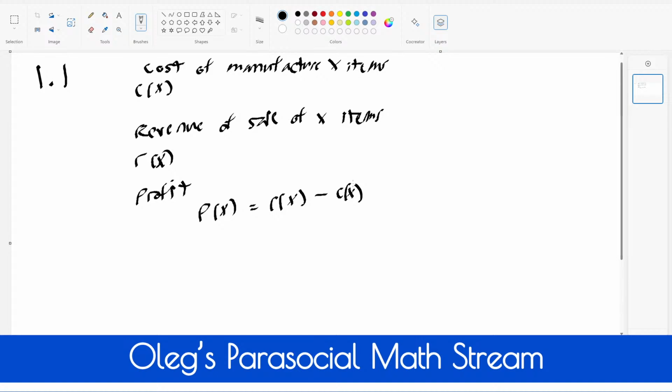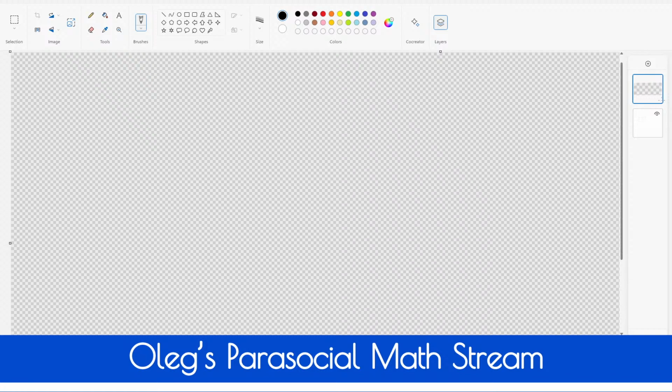Alternatively, we can create new functions by composing two functions. For example, let's try this now.